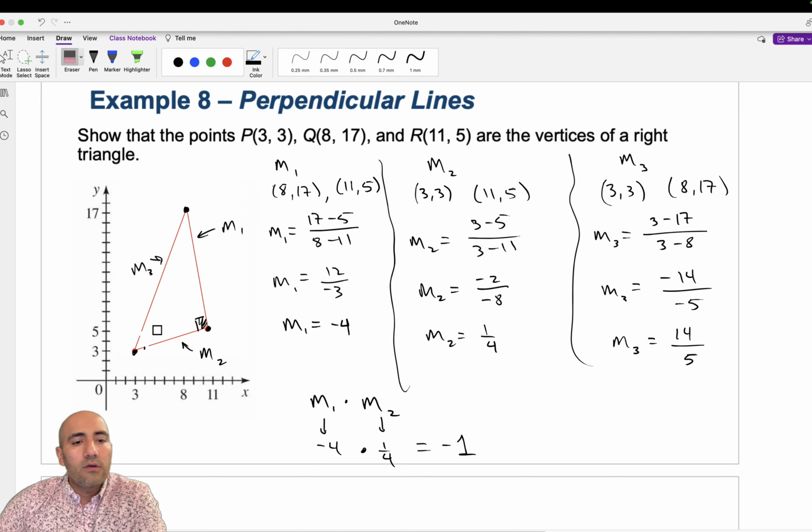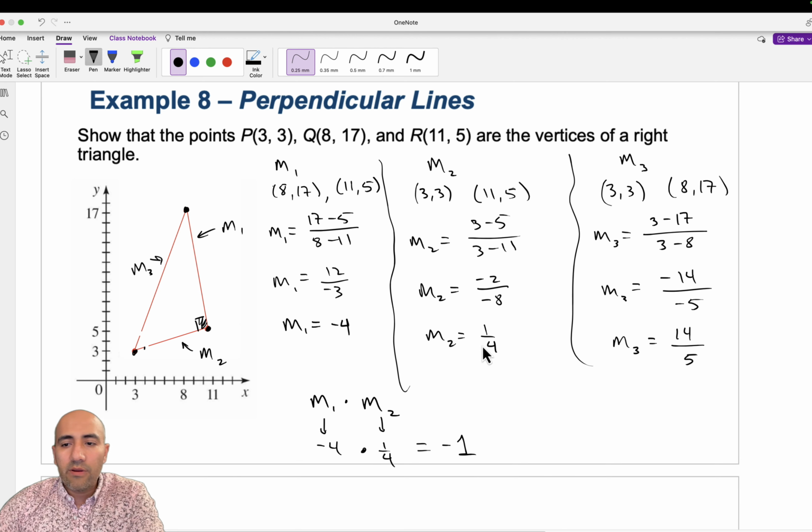This one isn't true because that's m3 and m2. M3 and m2, if I multiply these two together, 1/4 times 14 over 5, that does not equal negative 1. So this line and this line do not make a perpendicular line.